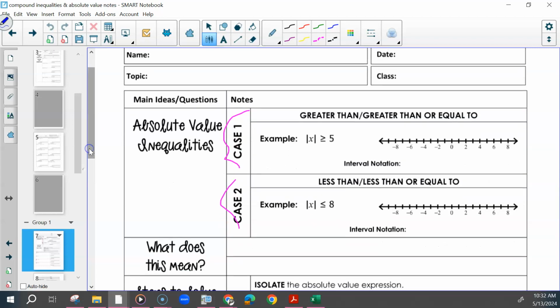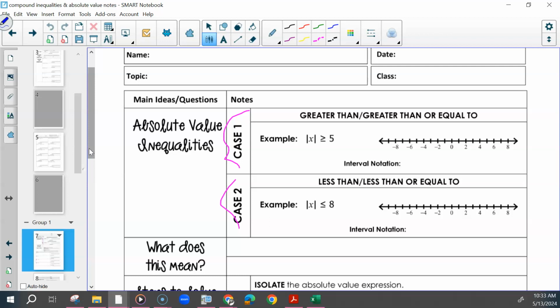Okay, so this is going to be very similar to our compound inequality. If you are remembering that or keeping this in your mind, it will be very similar. So if we see something like this, absolute value of x is greater than or equal to 5, just like with our equations, we're going to have 2 cases: one where it's negative, one where it's positive.